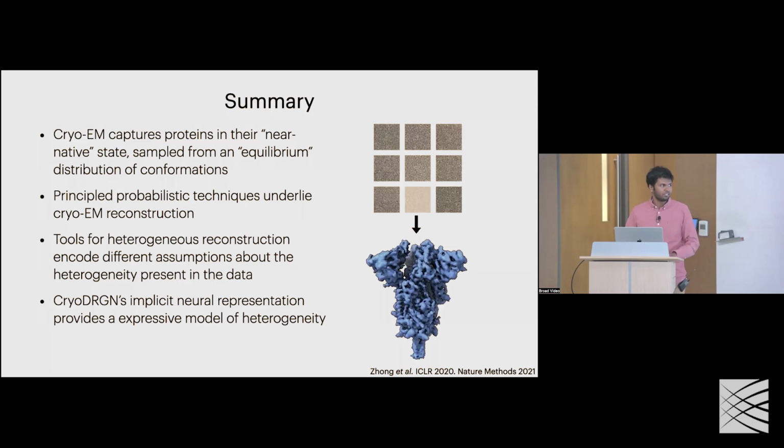And again, with these heterogeneous reconstruction methods, you can make many different design choices and encode many different priors. I specifically presented cryo-DRGN, which is one particular model which uses this implicit neural representation to provide a really expressive and assumption-free model of heterogeneity.